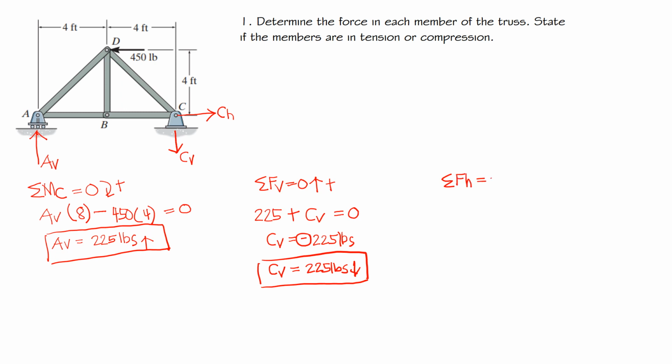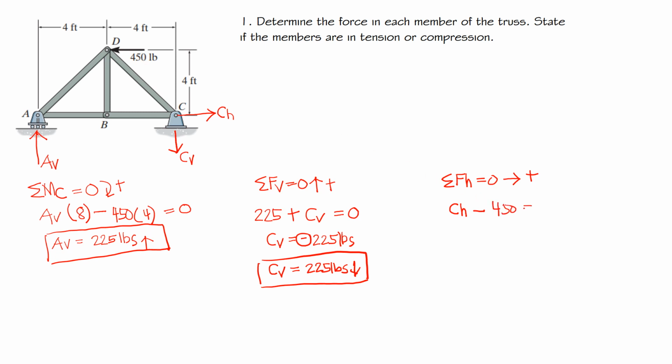Then finally, summation of forces horizontal is equal to 0. Setting going to the right as positive. So from the system, there are only horizontal forces acting. So that becomes CH positive because it's going to the right, minus 450, why 450?